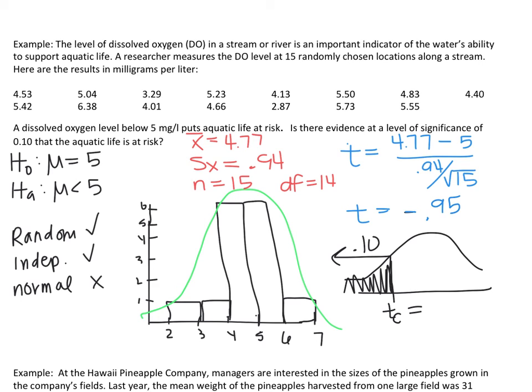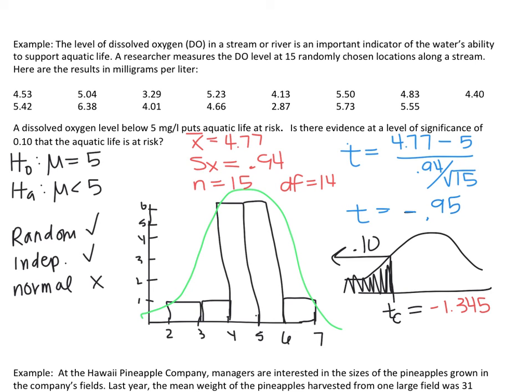So in our t table, we find our upper tail probability, 0.10. We go along this side, we find our degrees of freedom of 14. And we're going to have a t critical value of negative 1.345. We can make our t critical value negative here because we are talking about being below for our alternative hypothesis.